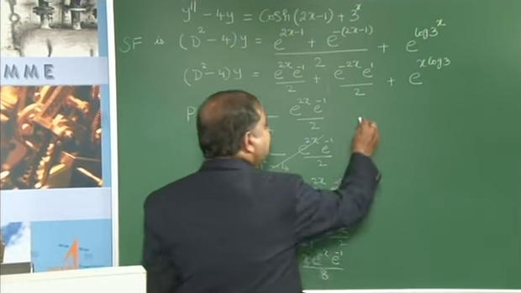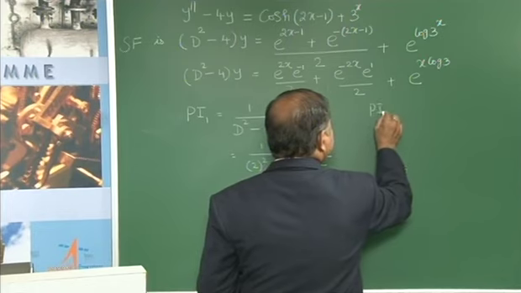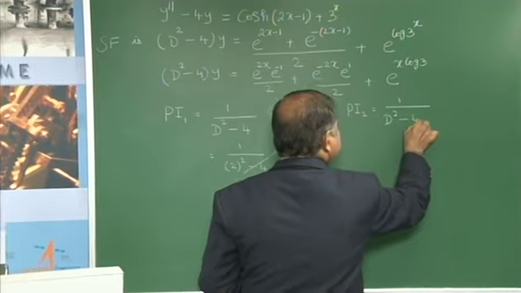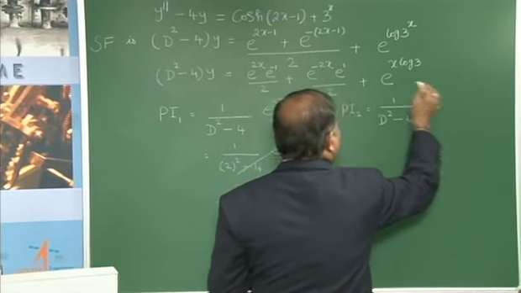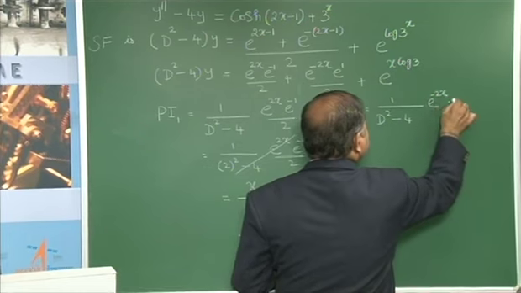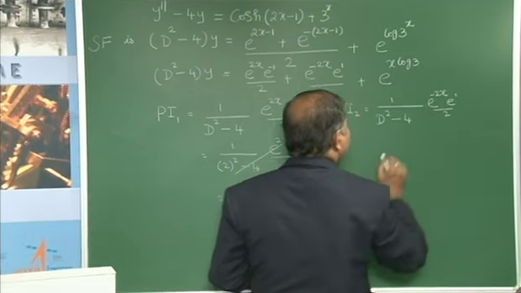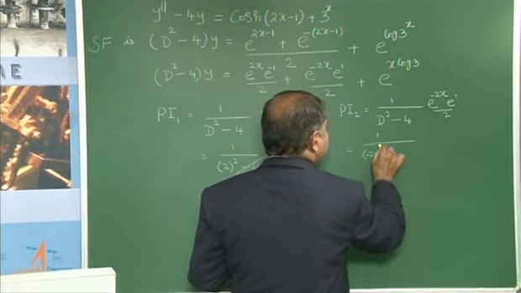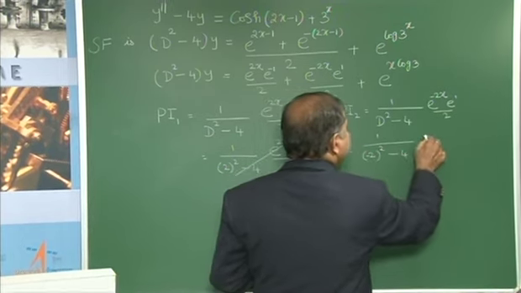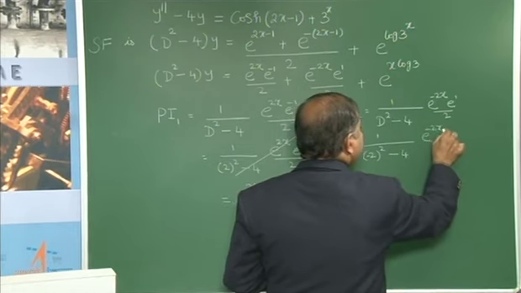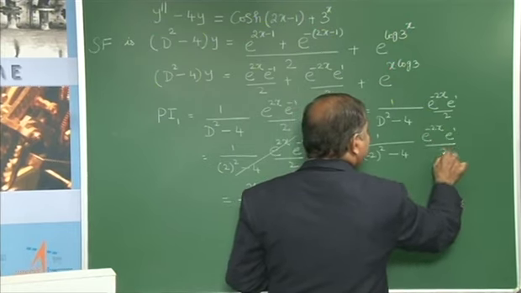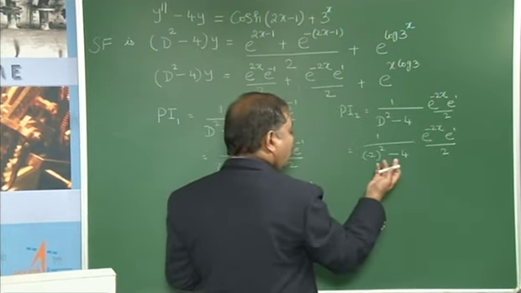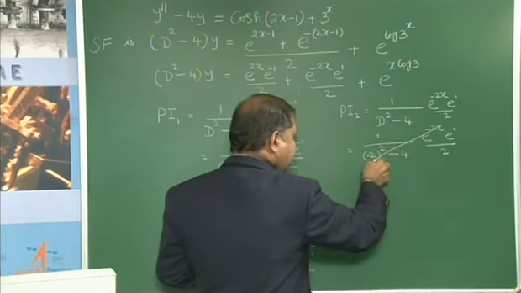Same way, particular integral 2, 1 by D squared minus 4, e power minus 2x e power 1 by 2. Replace D by minus 2, because a value is minus 2. Again what you have observed, it is 0, minus 2 whole square, 4 minus 4, so leave it.